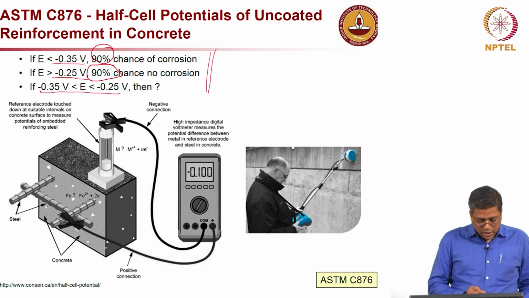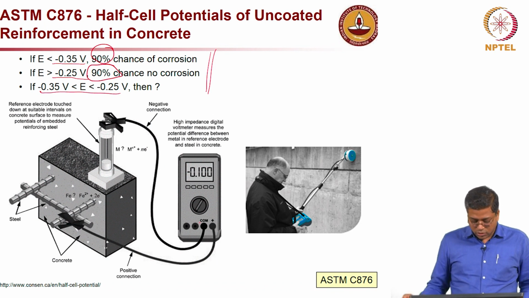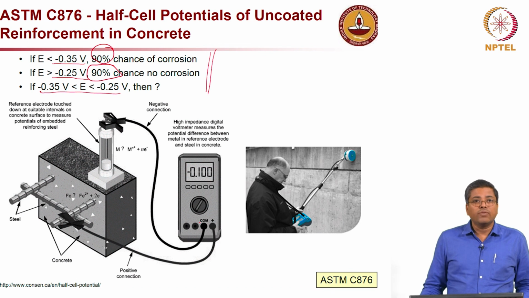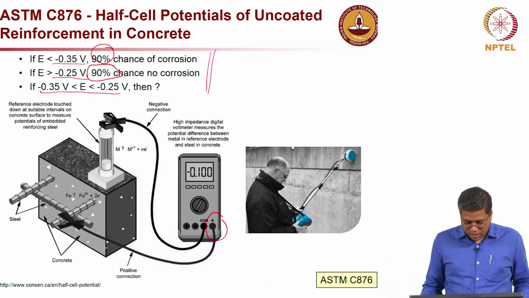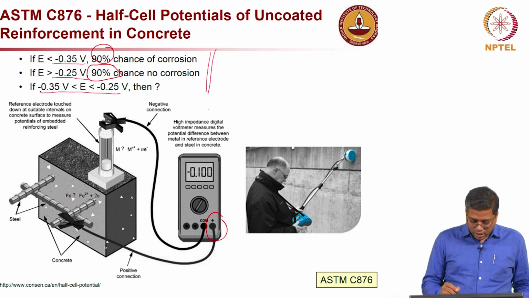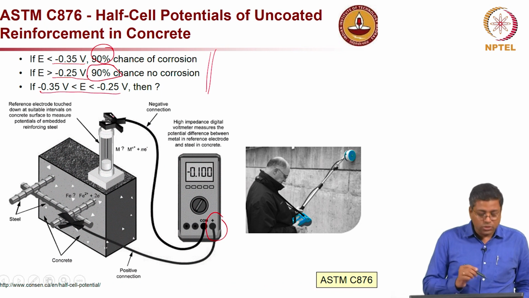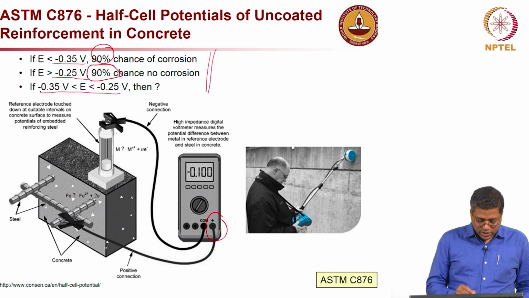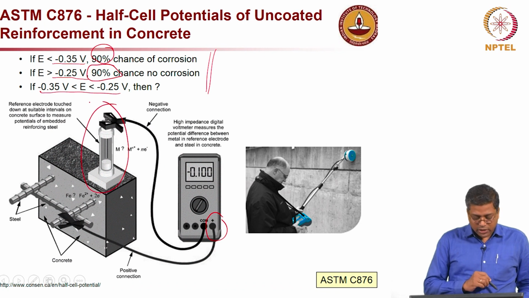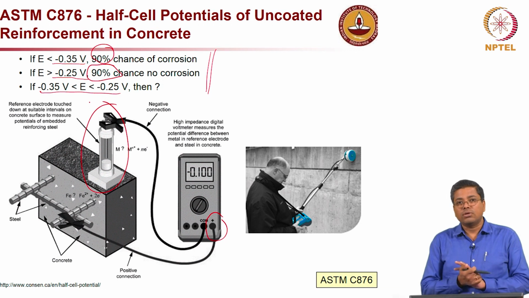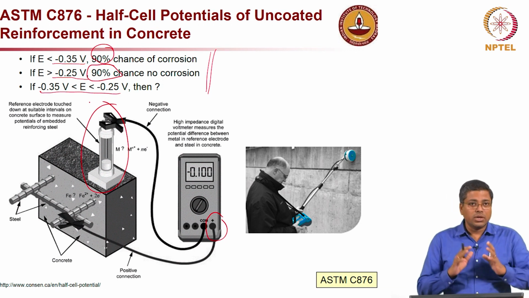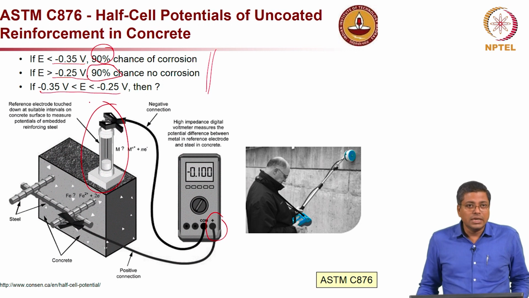So, let us look at this sketch at the bottom to see how it works. You can see the rebars, and the rebar is directly connected to the positive terminal of the multimeter. The other terminal is connected to the reference electrode, which is this reference electrode. What is a reference electrode? It is an electrode of which the potential is always fixed, it does not change.